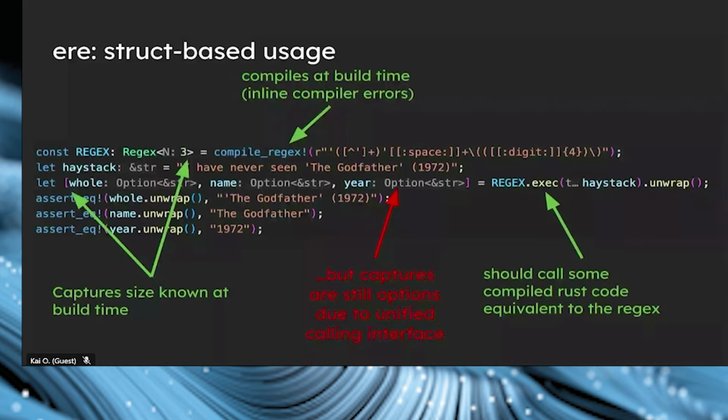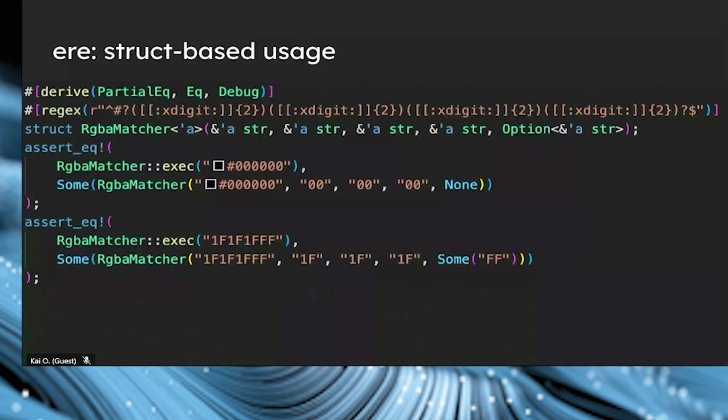We could have, for example, a struct, once this loads, that says this one matches an RGBA value, optionally with the alpha. We could say that the entire match will always exist if there's a match. The red will always exist if there's a match, the blue will always exist, the green will always exist, but the alpha may or may not exist.